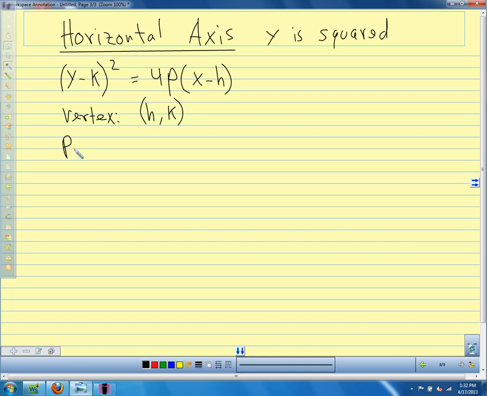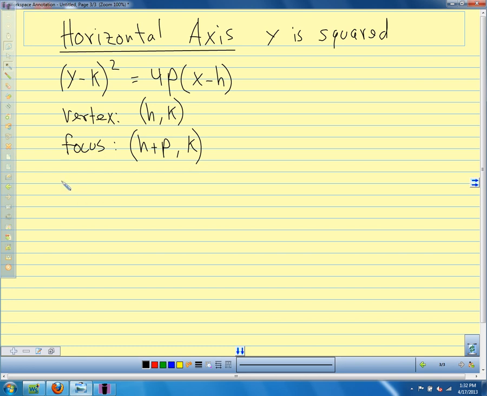Our focus, since our axis is horizontal, we're going to move left and right from our vertex to find our focus and our directrix. So our focus is going to be h plus p, comma k.